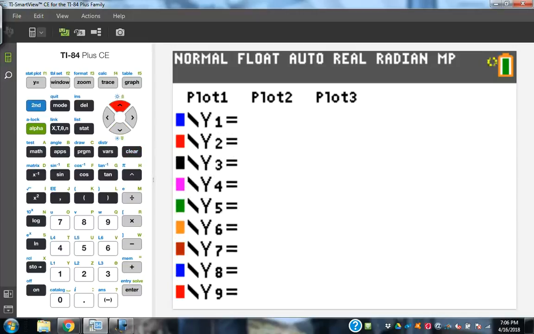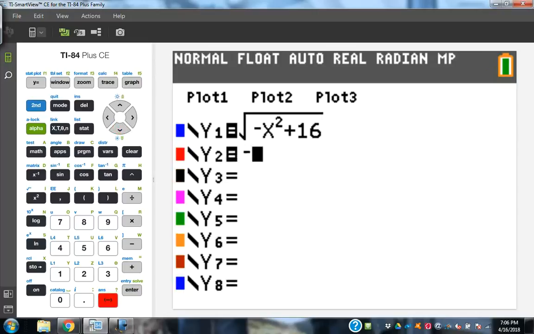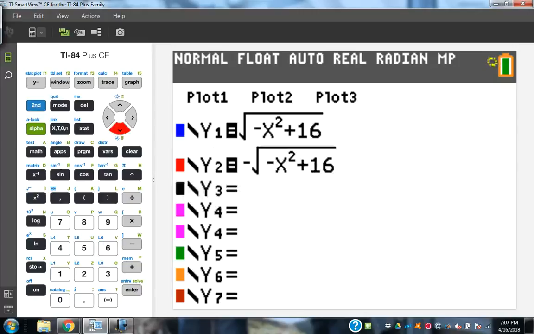I'll remind you how to get absolute value with your calculator, that function anyway. So we got the square root of negative x squared plus 16, and then the negative square root of negative x squared plus 16. And now let's graph the absolute value.